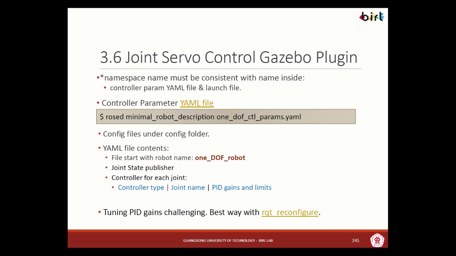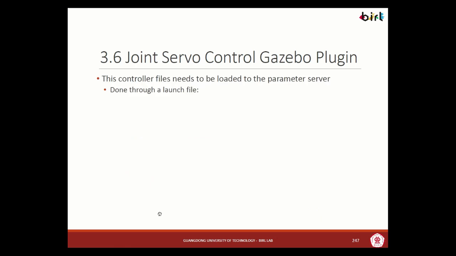There's a link here, but it's how to change parameters online. So you change the p-value and you tell the robot to move in the simulator, and you see the response, change it again, until you get something that is more stable. By default, the libgazebo plugin will have an interface with RQT reconfigure, so you can use that easily.